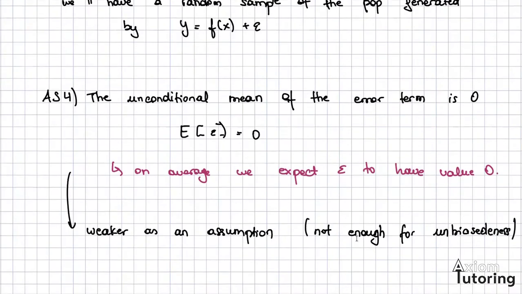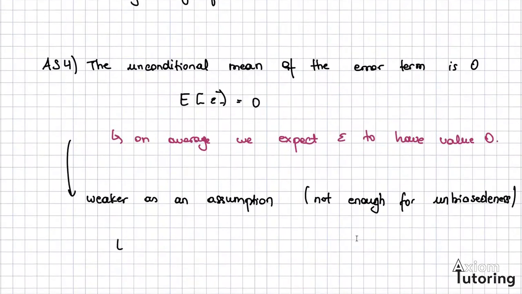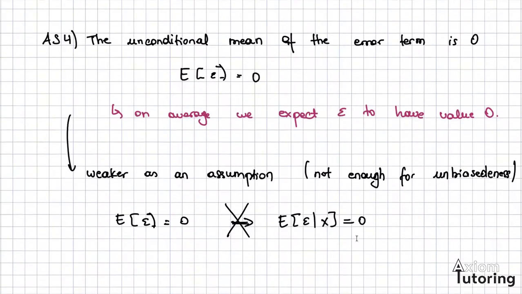Okay? So it means that if you have on expectation the error term equal to 0, you cannot imply, unfortunately, that the conditional expectation as well is going to be 0. Meaning that you can actually have a case where this is fulfilled, but this is not fulfilled. Think of it this way.